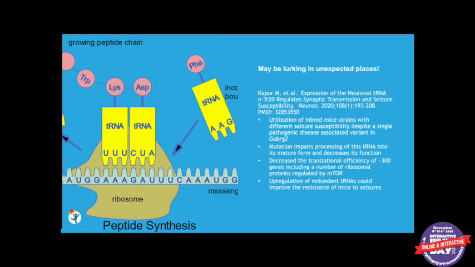So the thought is, we don't even have to alter the foundational mutation in this patient in the GABA gene. What if we could just upregulate some of the other tRNAs that our body uses and circumvent this one that's been made less efficient? Could that help? And in fact, it did improve the resistance of those mice to experimentally generated seizures, which is really exciting. Next slide.